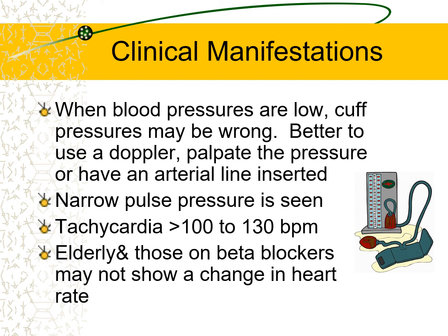If you're waiting to see a rise in their heart rate, then you're going to miss the fact that this patient's in shock, because a beta blocker will not allow the patient's body to respond by beating faster. So you're not going to have that big clue of tachycardia to point you in the direction of shock. Okay, so we have to know what medications our patients are on as well.